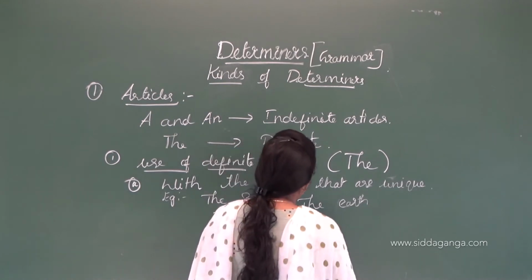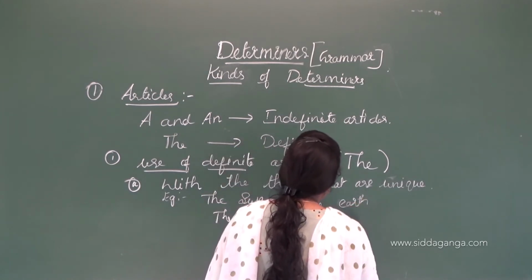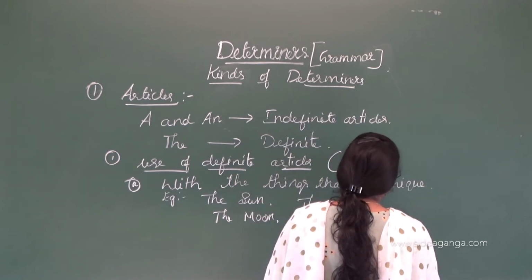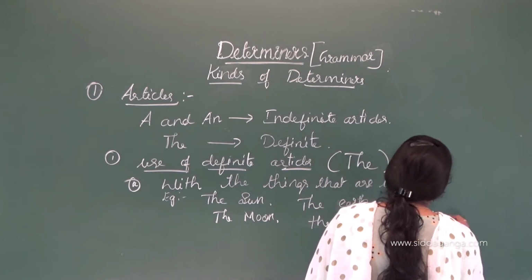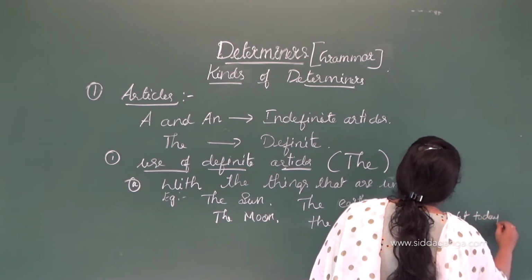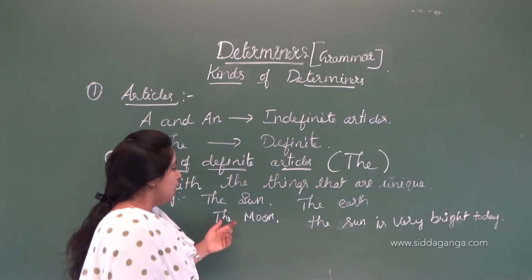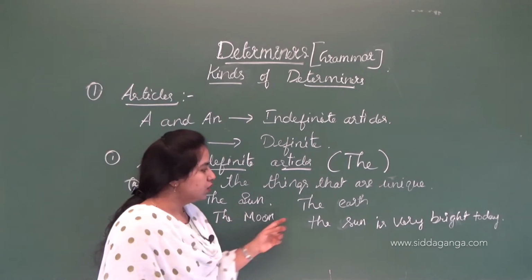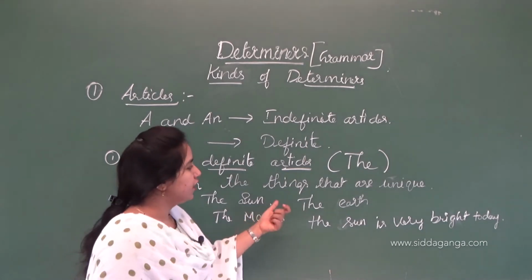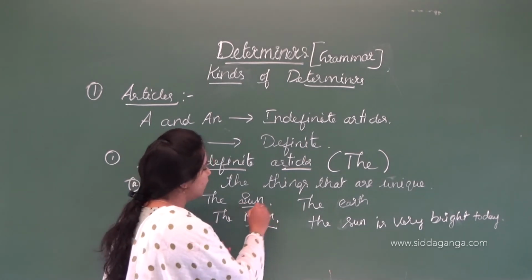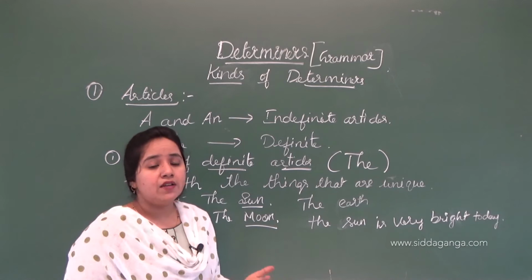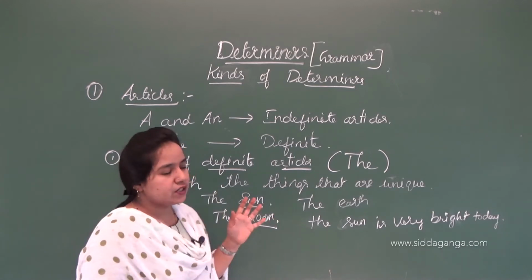The sun is very bright today. The nouns like sun, moon, and earth are things which are very unique, which have some special qualities.